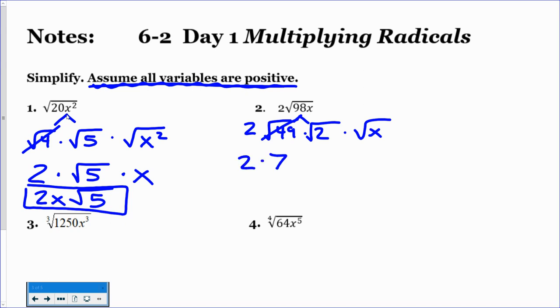And now that 7 can multiply the 2, since they are both outside of the radical. I can't take the square root of 2. I can't take the square root of x because that's only to the first power. It'd have to be 2 or more. So that means 2 and x will stay in the radical. And then I'd have 14 square roots of 2x.